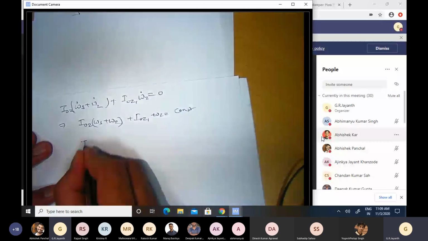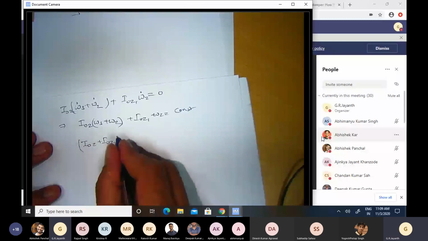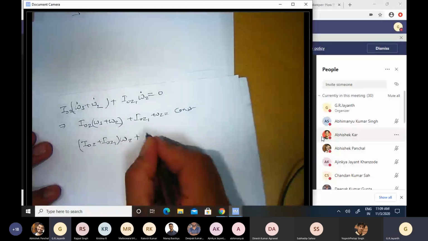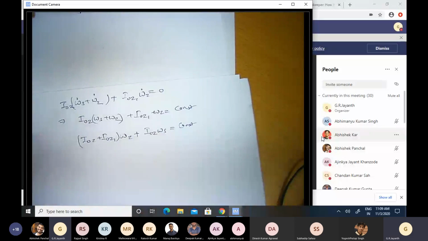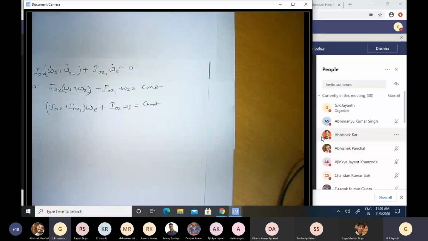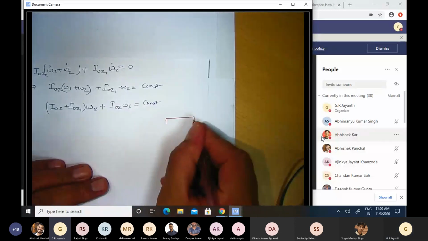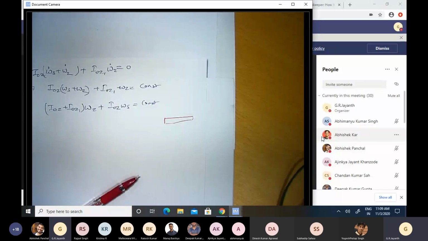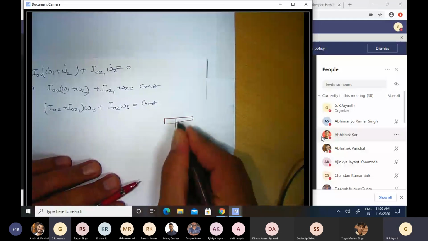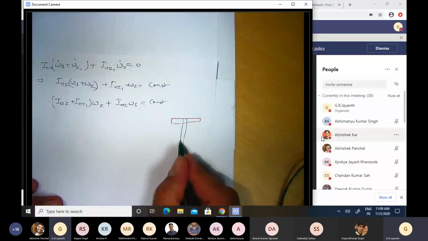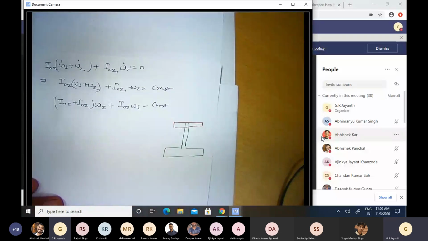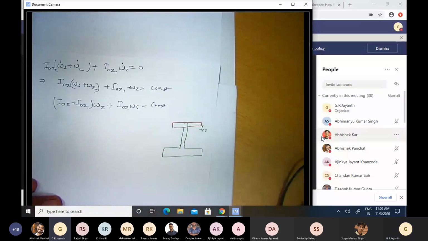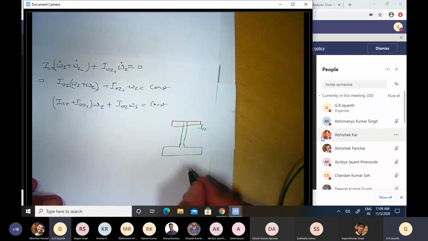So I0 z plus I0 z1 times omega z plus I0 z omega s is a constant. So I have this wheel and this shaft about which it can rotate, and another solid object connected rigidly to the shaft. This one has I0 z as its principal moment of inertia about the z-axis, and this one has I0 z1.